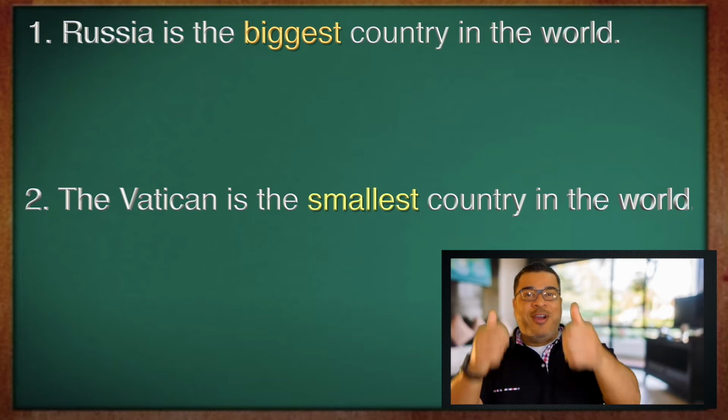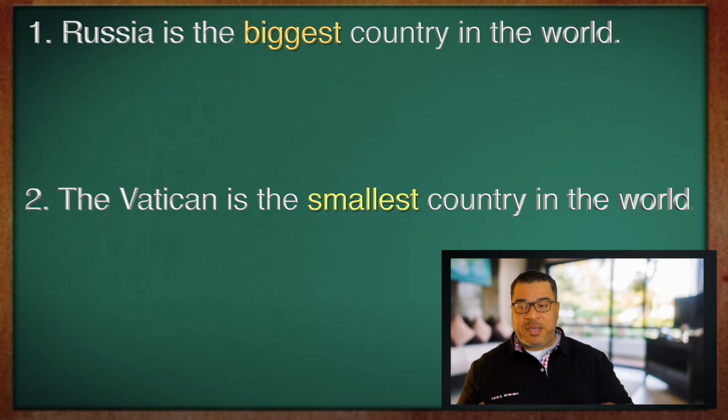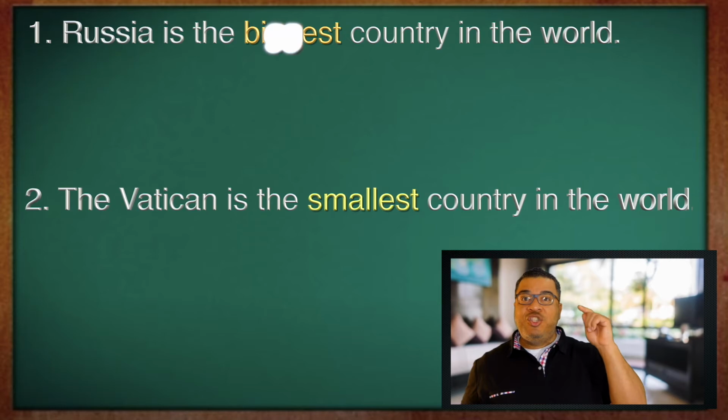And you are right, a little bit. There is one little trick. So normally you add est to the end of a word to make it number one when you're making a superlative. But you might notice for big, you put biggest.